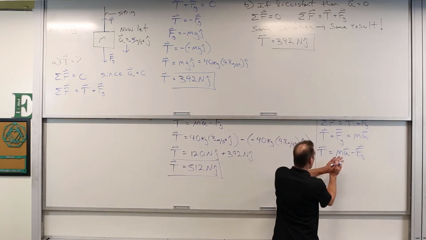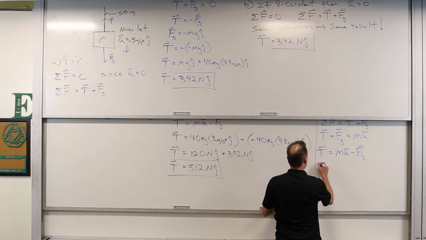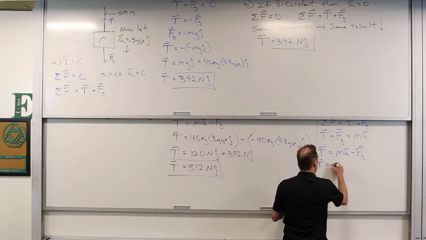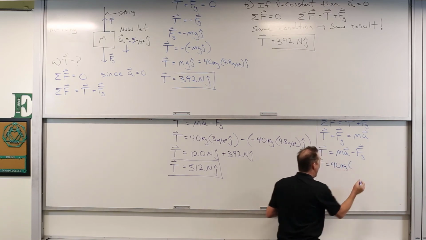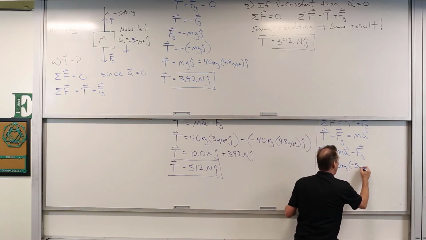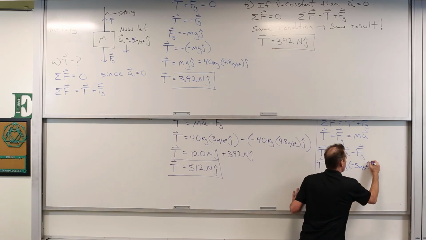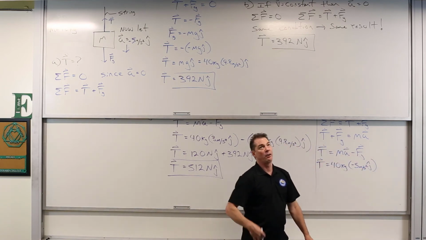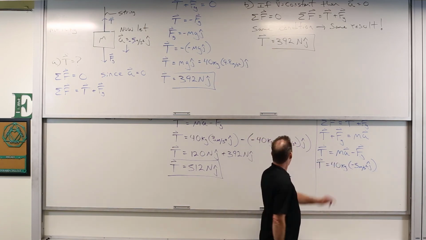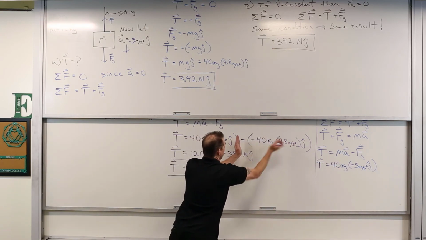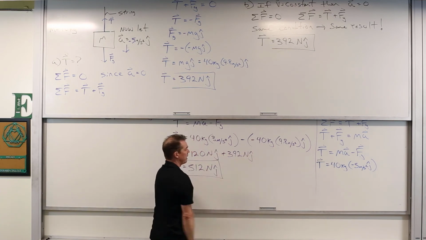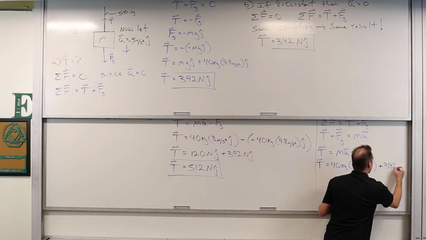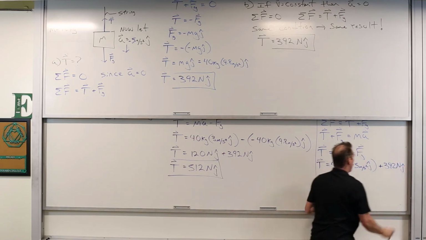Anyways, let's just put in our values. T is going to be equal to m, which again is 40 kilograms, times a, which now is negative 5 meters per second squared j hat, and then minus negative mg j hat, which ends up being plus 392 newtons j hat.